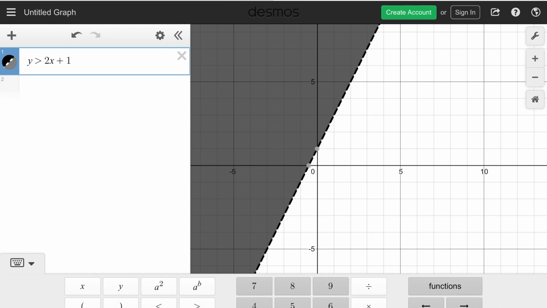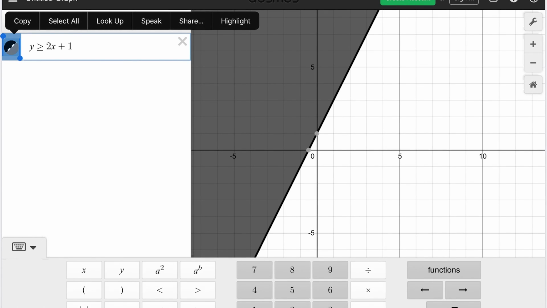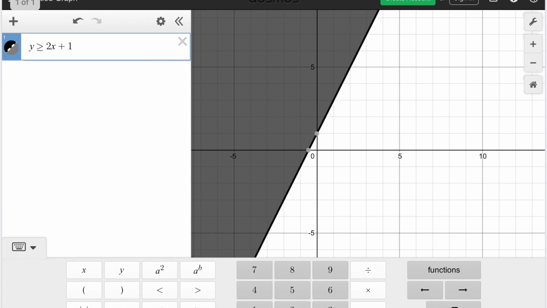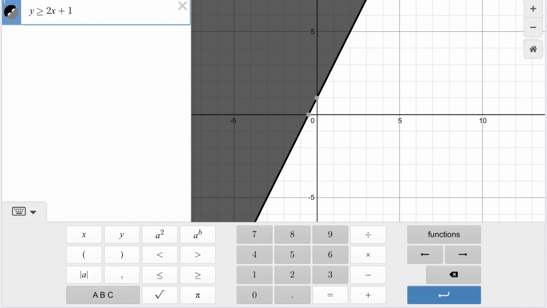Let me back up and take a look now at the graph. What has happened is our dotted line has turned into a solid line, okay? So what we have is on our old graph, I need the, oh my goodness, why won't it mark up?